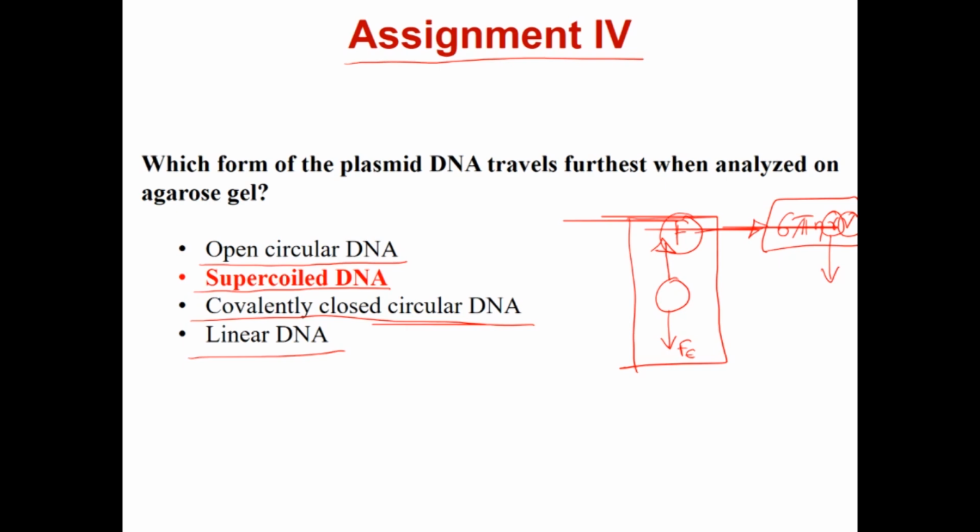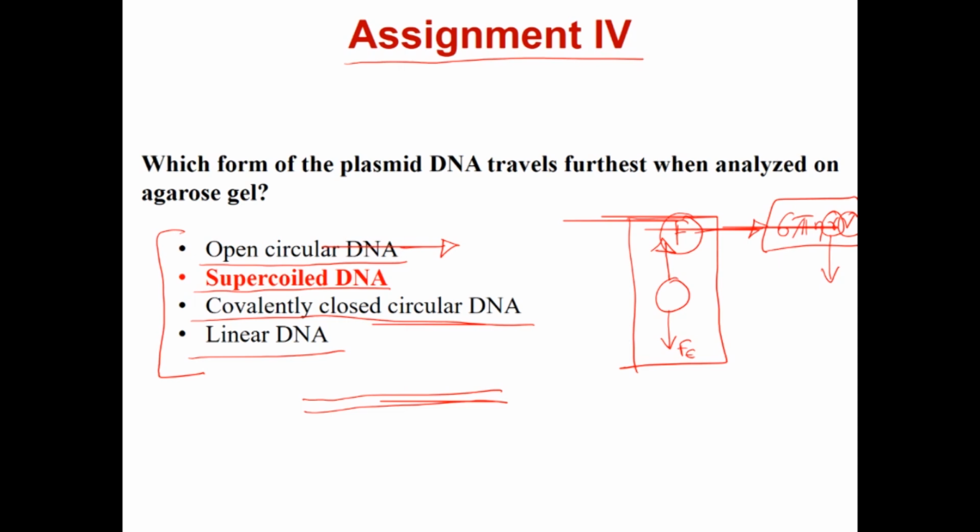So you see open circular DNA, and you can imagine that all these are of the same plasmid. So if I have open circular DNA, supercoiled DNA, covalently closed circular DNA, and linear DNA, the linear DNA is going to have the largest R, because it is going to be present in the extended conformation.